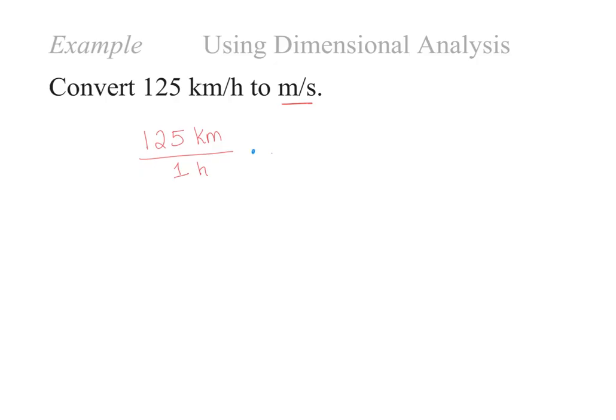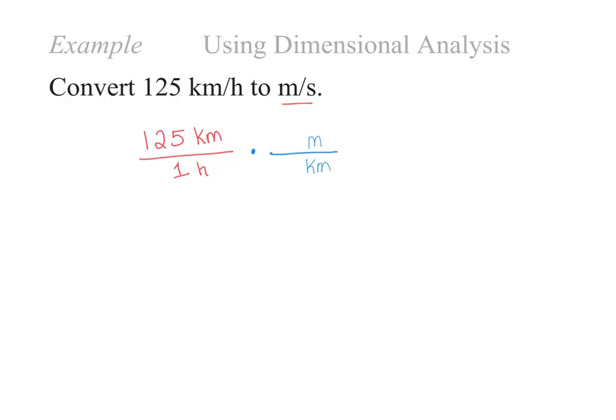When you do your conversions here, you want to make sure that wherever the unit was, you're going to do it the opposite. For example, this kilometer is in the numerator. We're going to make sure that it is now in the denominator. So we're going to go from kilometers to meters.